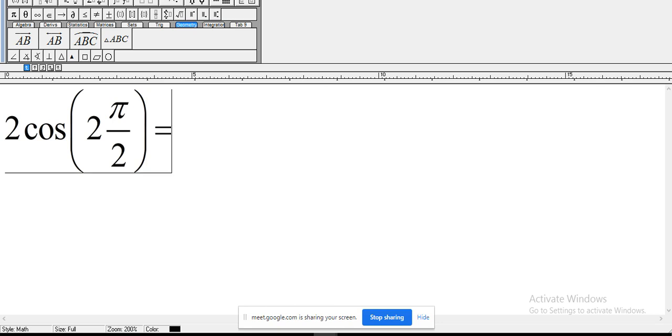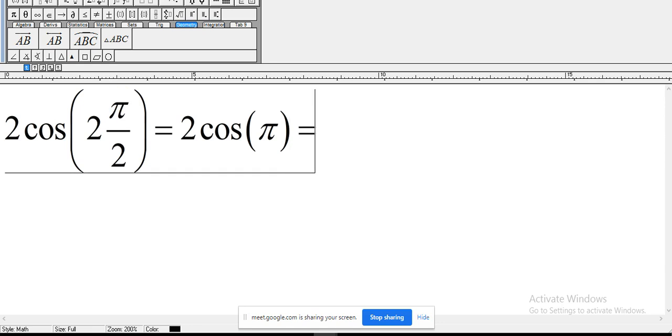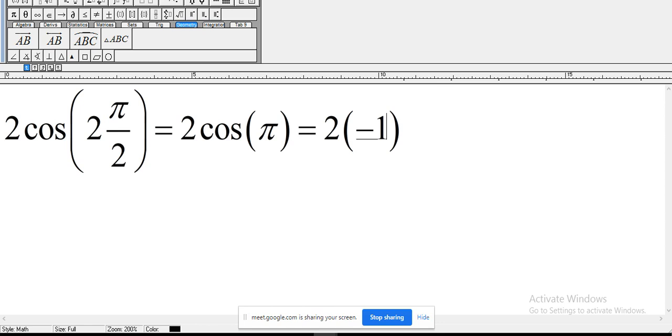As I replace it by pi by 2, what it becomes is 2 times cos of simply pi, cos of pi. Now what is the value of cos pi? It is minus 1, isn't it?